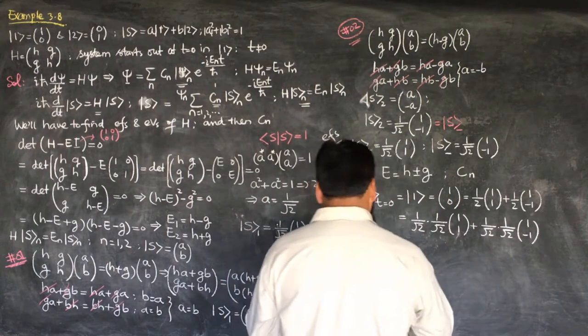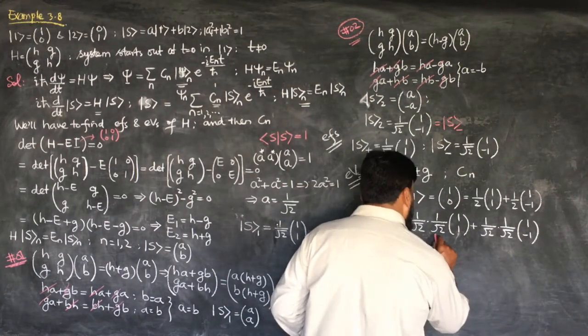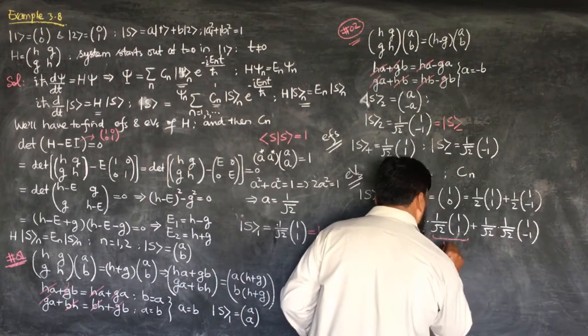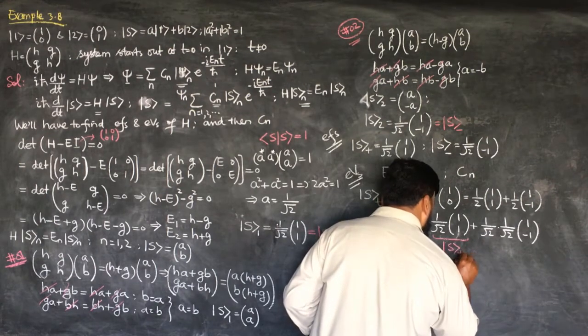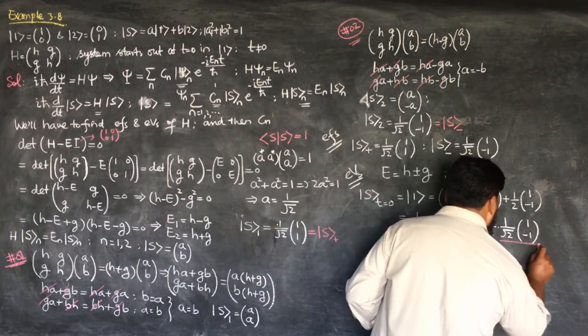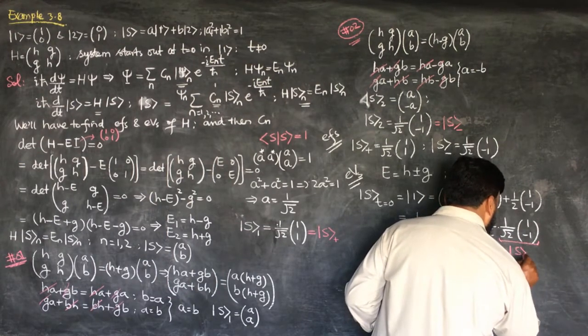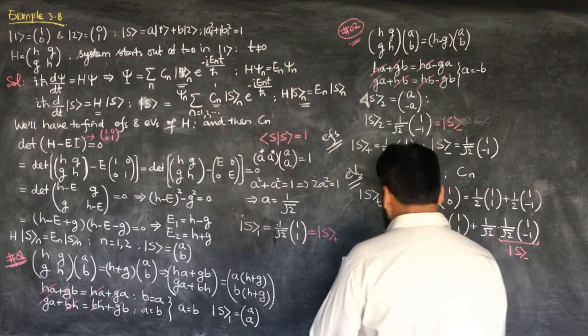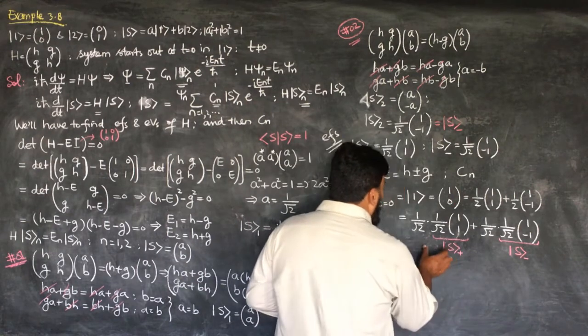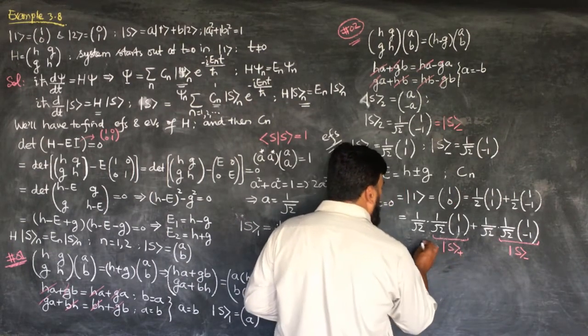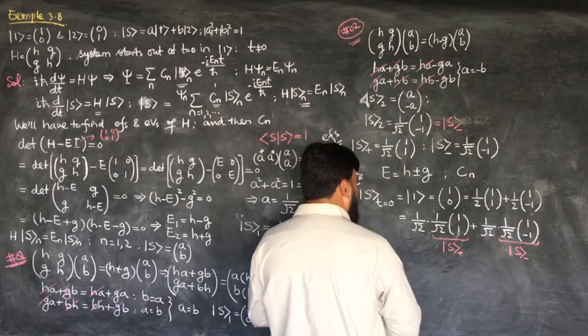Then I know that this one is our S plus and this one is our S minus state. So in front of the state we are having the Cn.